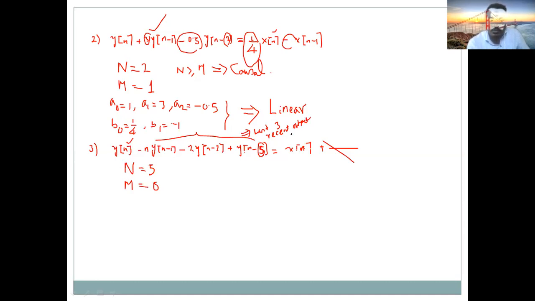How about this one? The present output. And this one? It is only the present input. There is no past value of input in this equation, as you can see. So it depends on your digital system.